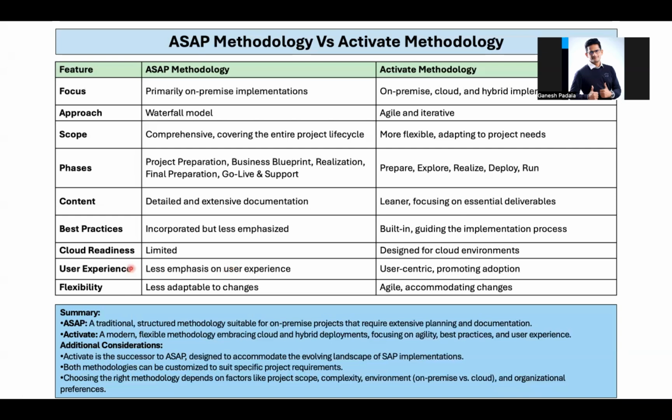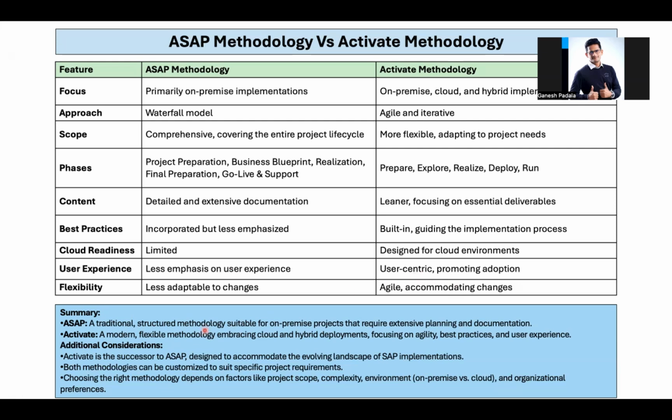Activate is user-experience centric and promotes adoption. But adoption-wise, how many people like the Fiori apps and cloud, and a few people still like the GUI? Of course, percentage-wise, more people would prefer these cloud-related links because of the UI experience, which we are familiar with, as we open websites in our regular work, whether banking, personal, or professional.